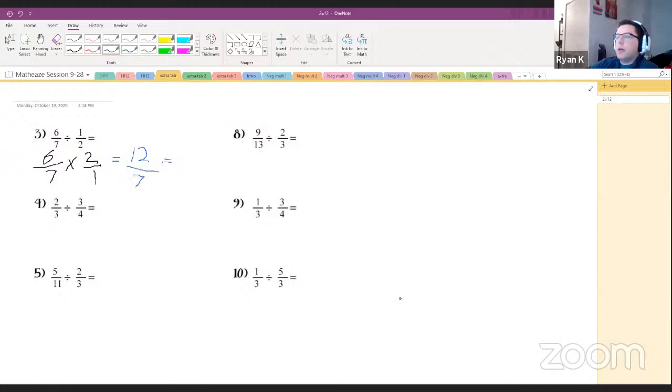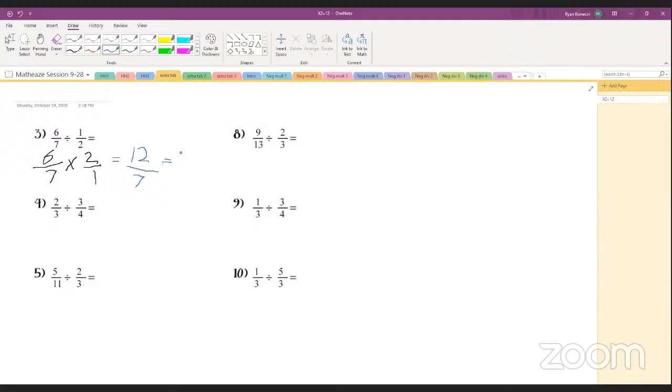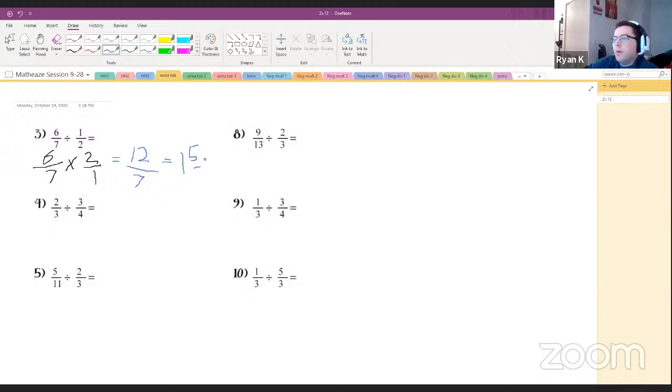And then what does this reduce down to? 1 5/7. Yep, I agree with you. 1 5/7. All right, let's jump down to this one. 2/3. Changing this to a multiplication sign, flipping it. 4/3.